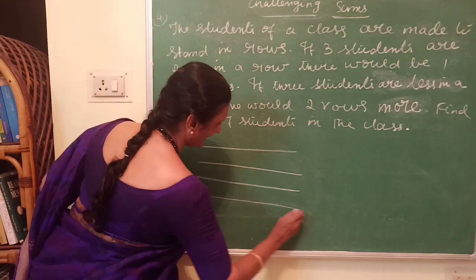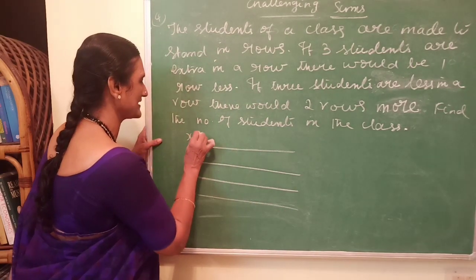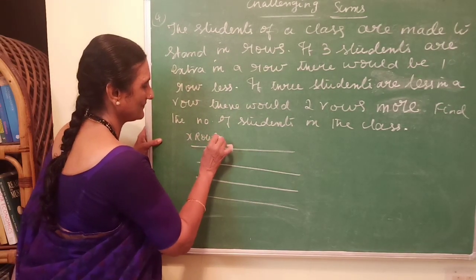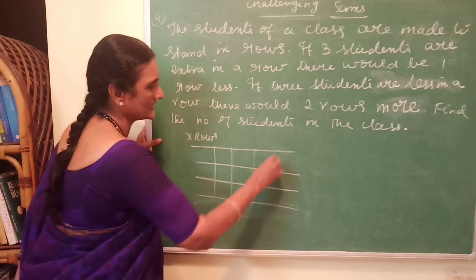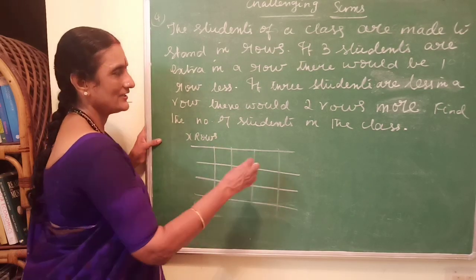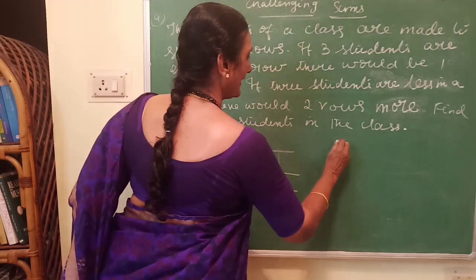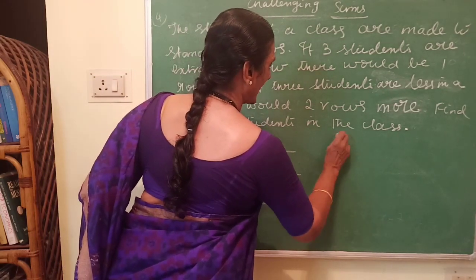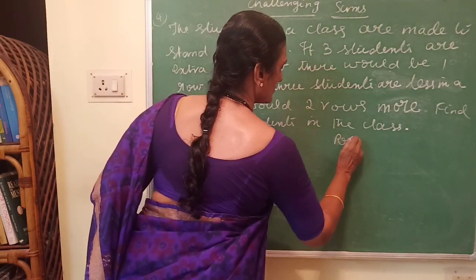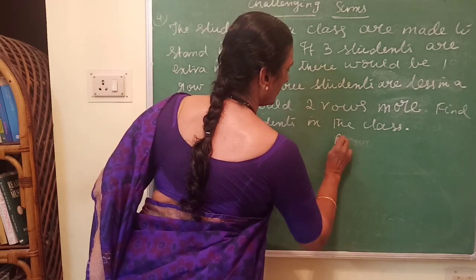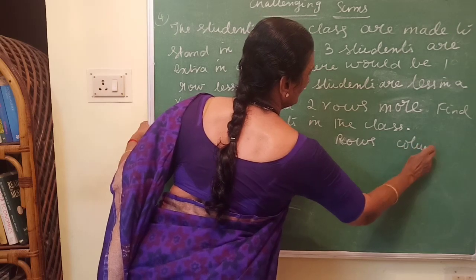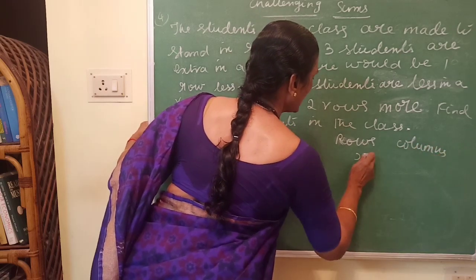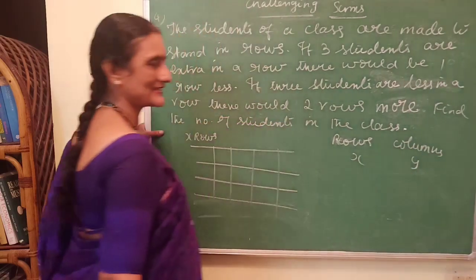We can take it as x rows. And the vertical arrangement is always called columns. So there are x rows and y columns.